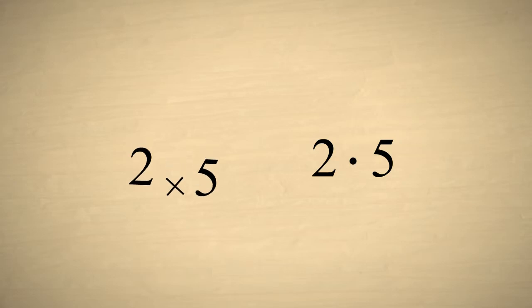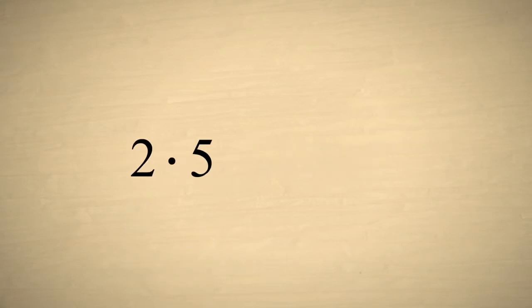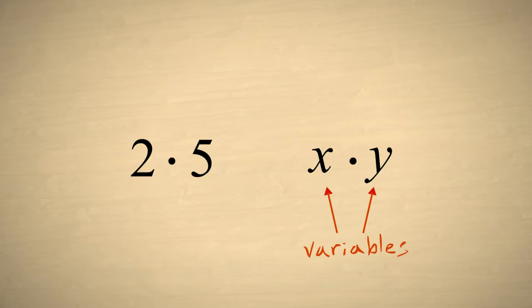the letter x. Often, instead of using specific numbers, we use letters to indicate any possible number. These letters are referred to as variables, since unlike numbers which always have a specific value, their value can vary to represent any possible value.